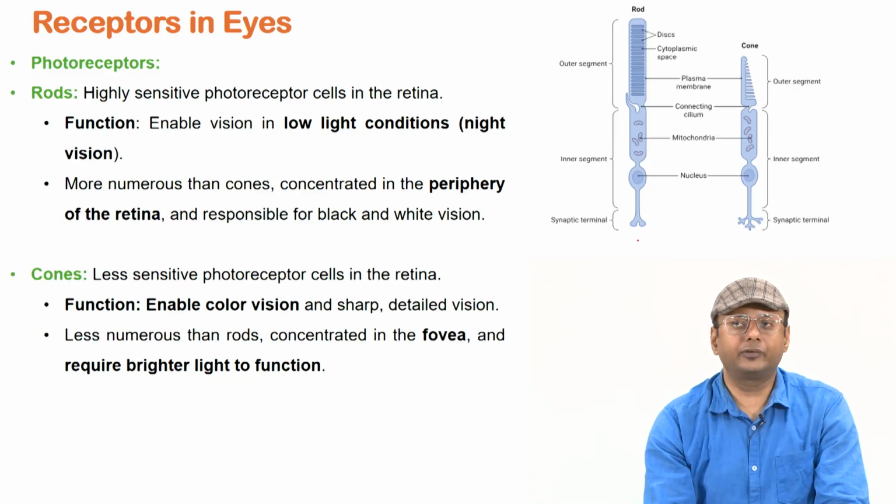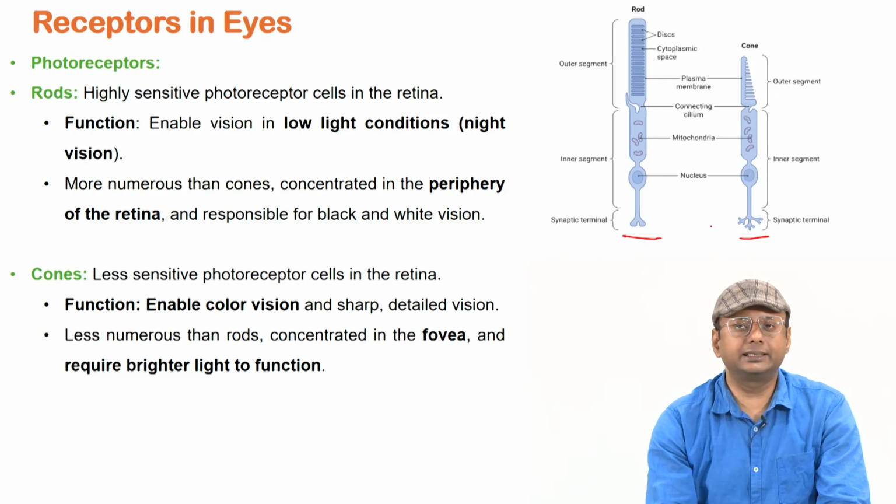Then very importantly, in our eyes there are two types of receptor, one is the rod receptor, second is the cone receptor. These are basically photoreceptors. In terms of rods, these are highly sensitive photoreceptors that are mostly present in the retina, and they enable vision in low light conditions. So this rod type of photoreceptor improves the night vision of a person.